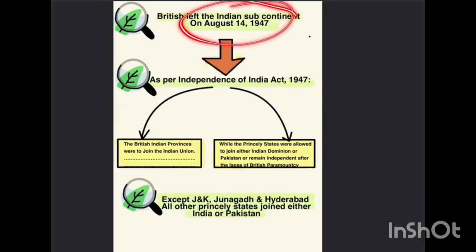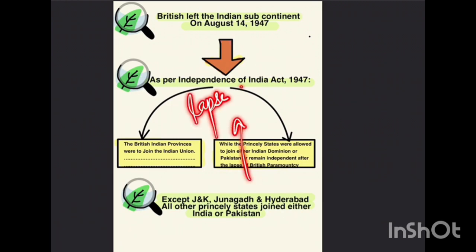When the British left India, as per the Indian Independence Act, the British Indian provinces were to join the Indian Union, while the princely states were given the choice to either remain independent, join the Indian Dominion or the Pakistan Dominion on the lapse of paramountcy.